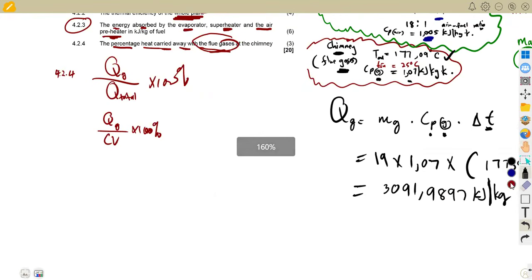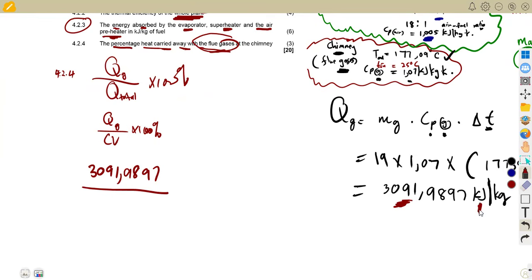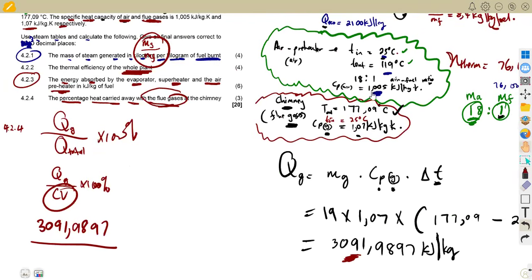So you're going to have our percentage as the Q for the flue gases, which is 3091.9897 over the calorific value. Remember, this is kilojoules per kilogram, so your calorific value must also have the same units, kilojoules per kilogram. And we have that.